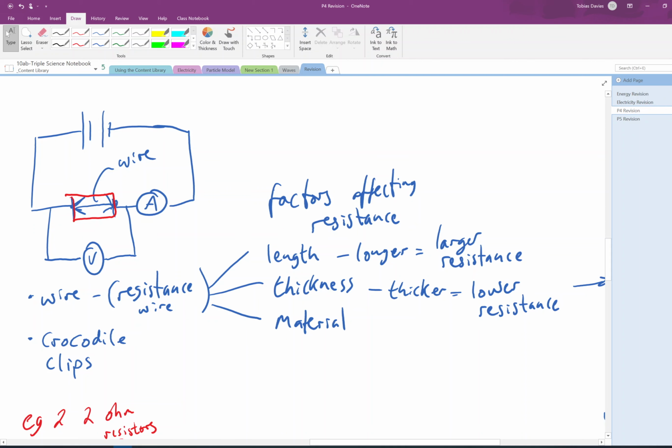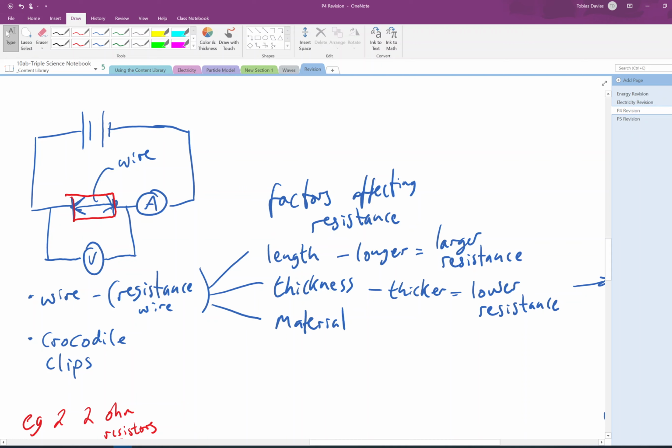And then the material of the wire, with the good conductors like copper, gold and aluminium having a really low resistance or low resistivity, and different materials that aren't good conductors having a higher resistance.